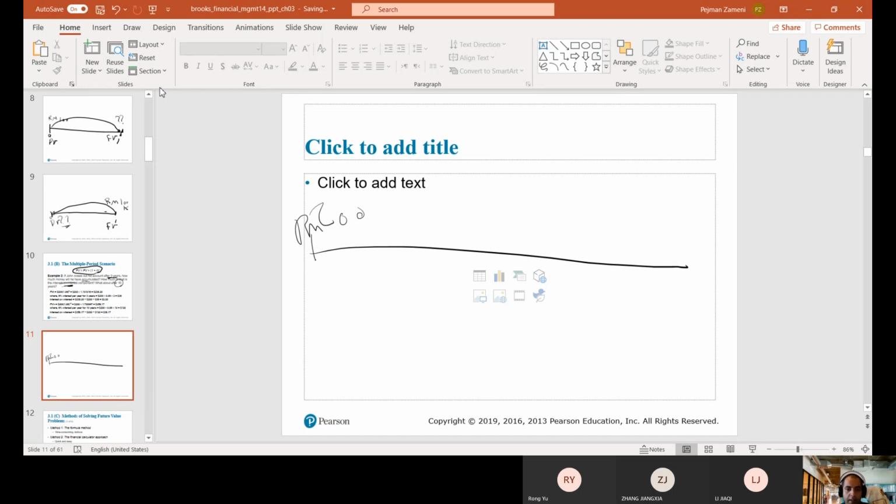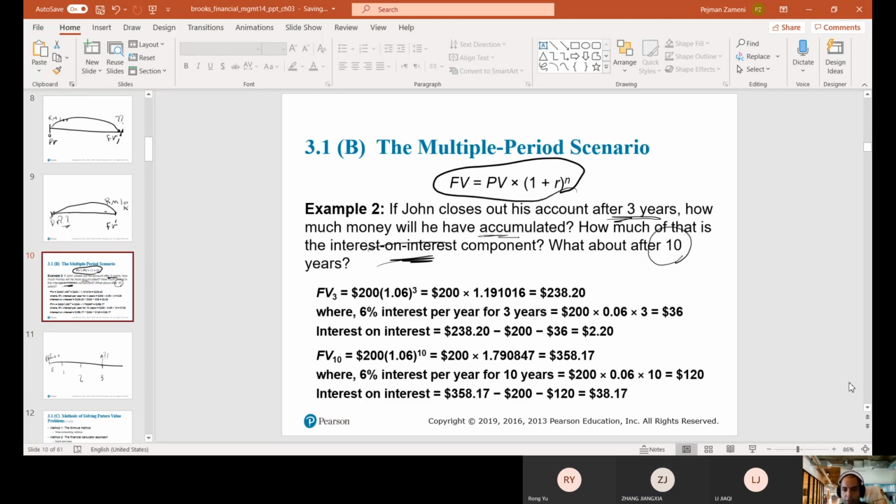200 ringgit. He wants to know how much he's going to have after 3 years. Then after 3 years, we want to know how much he's going to have. This is how we're going to perform it. We refer to this formula here, which means we are looking for the value in 3 years' time, isn't it? Future value in year 3.